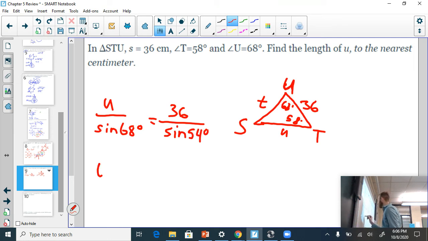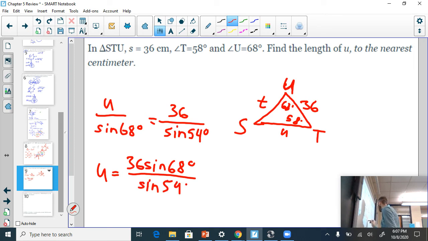And then u equals 36 times the sine of 68 degrees, all over the sine of 54 degrees. And that's just a plug and chug in the calculator. 36 times sine of 68 divided by the sine of 54. And we're going to get that it's about 41.3.